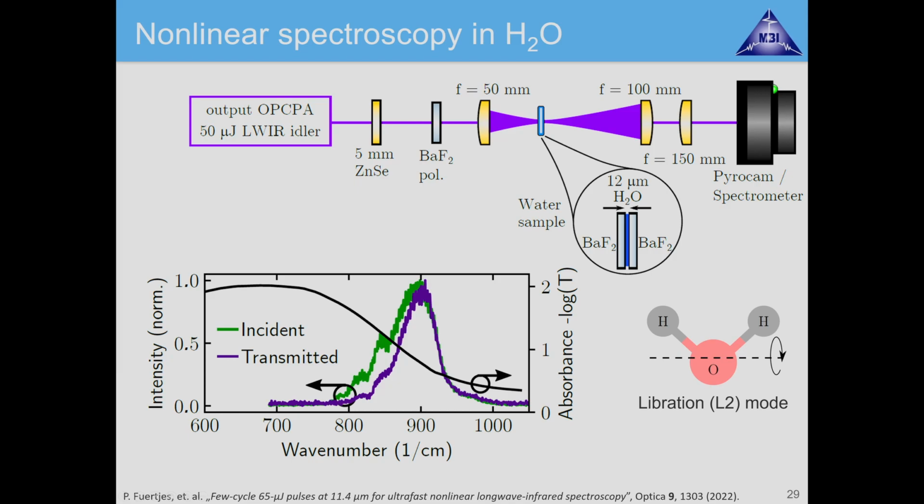And then the transmitted, you see that the spectrum towards the peak of the absorbance is more likely to be absorbed. So we can now directly excite this librational mode for the first time, which no one has done before because there was actually no energy at that wavelength.